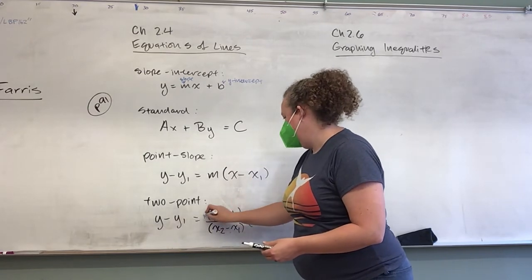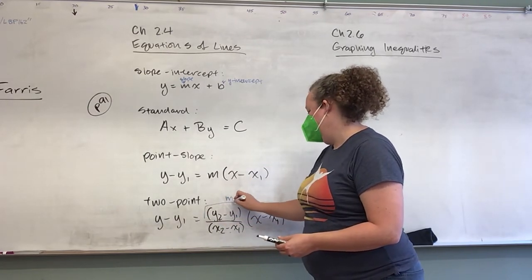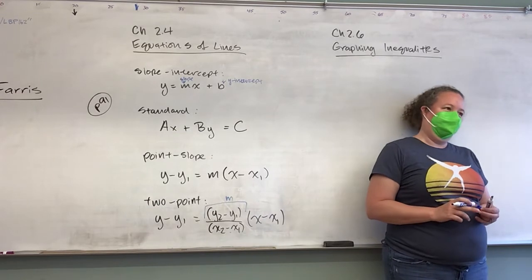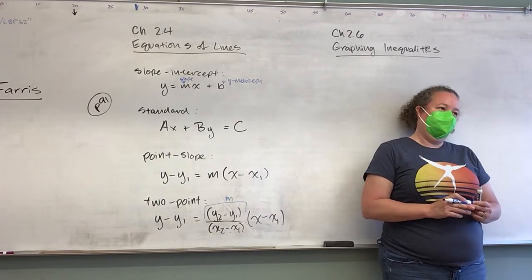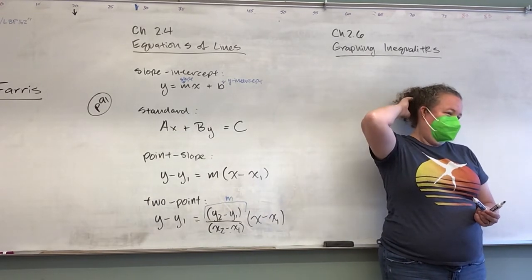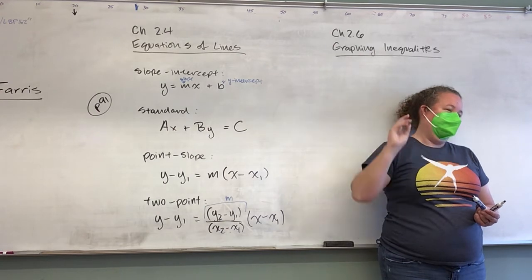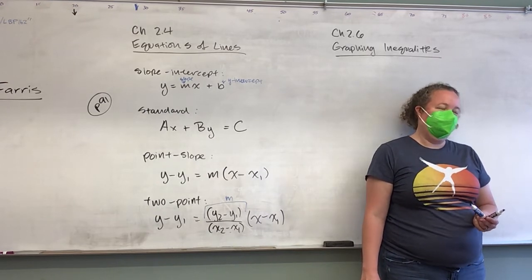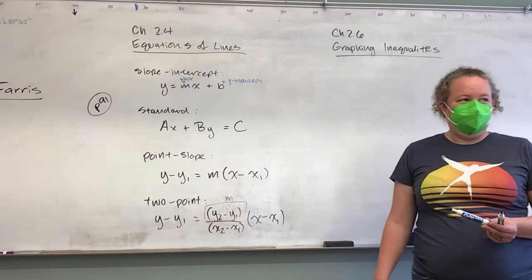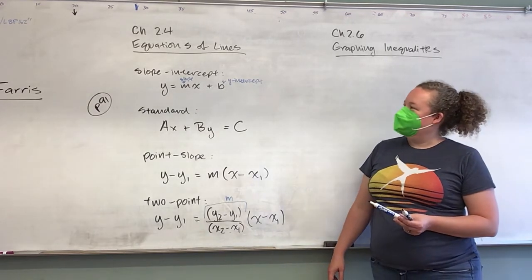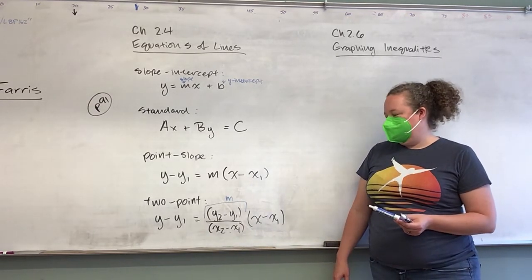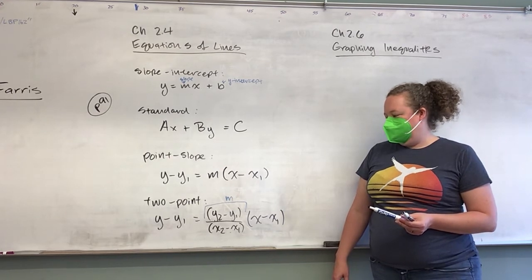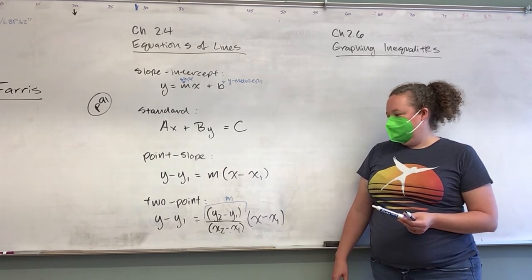Yes. Or it can be the other way around too. And then I put the slope in, and then I choose one of the y's and one of the x's, but it'd be the same point, and I plug that in, so one for y and one for x, and then I solve for b, and then I take out the points, so then I just have y equals whatever the slope is times x, and then plus whatever b is.